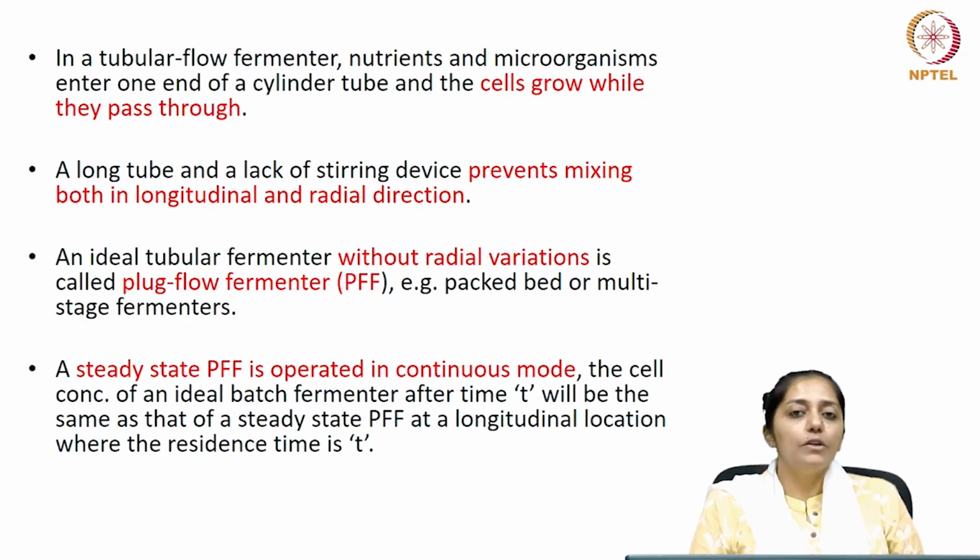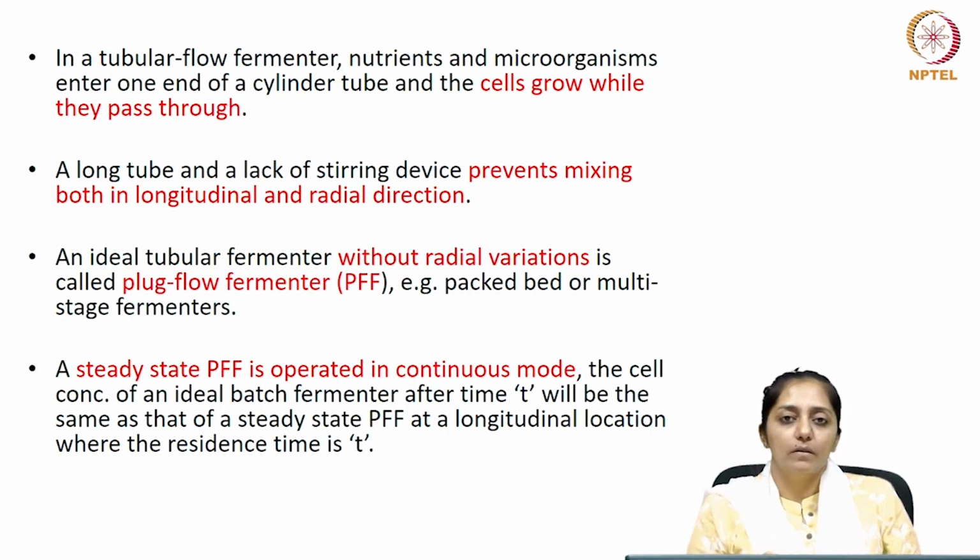Now, an ideal tubular fermenter, which we call a plug flow fermenter, we assume is without radial variations, which means that there is no variation across the radii. Examples of plug flow fermenters are packed beds or multiple stage fermenters.